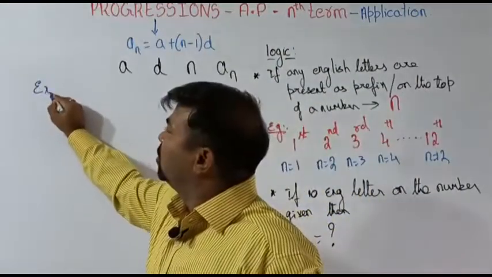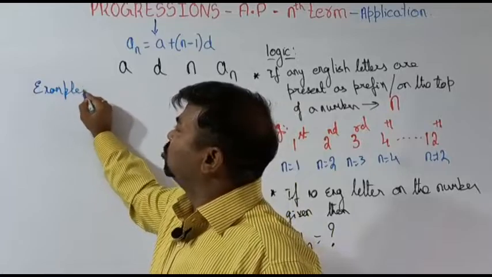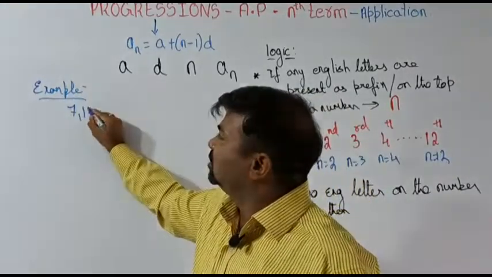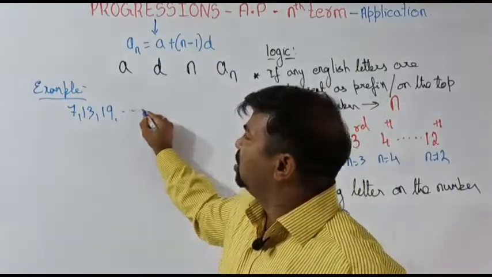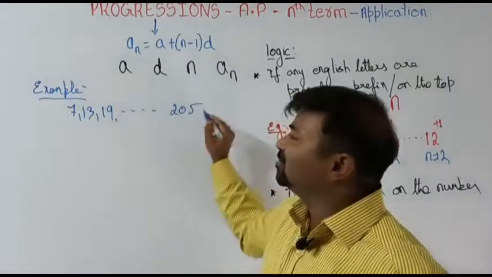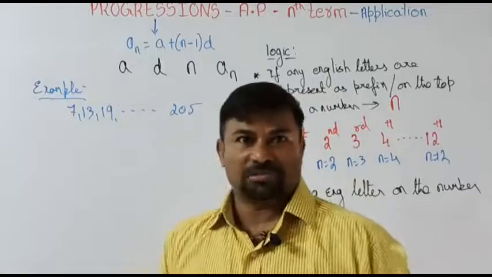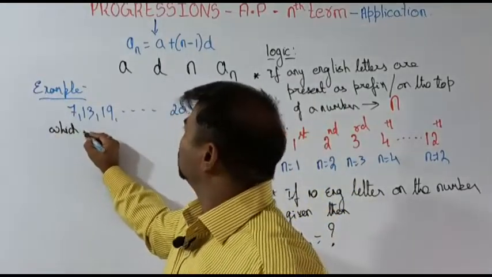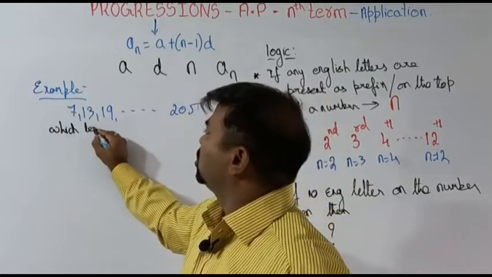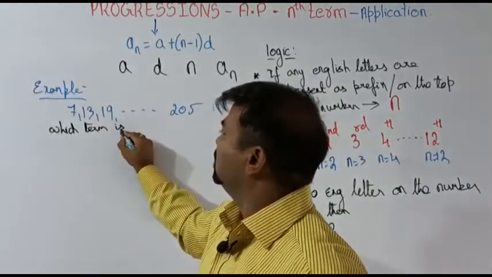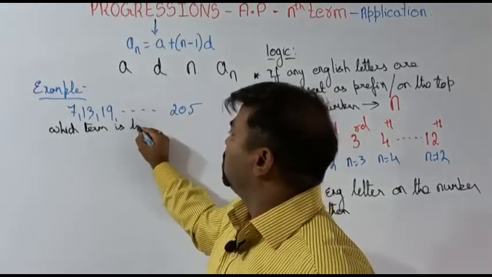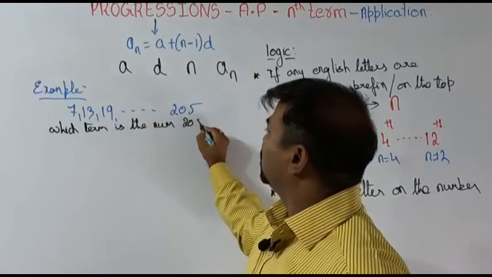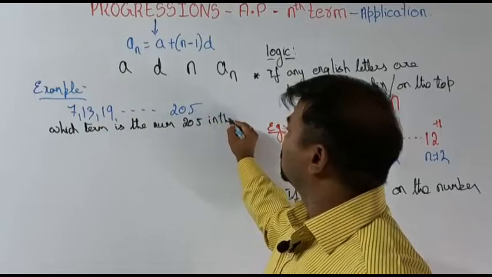To apply this, let us take a series: 7, 13, 19 and so on, 205. The question is: which term is the number 205 in the series?